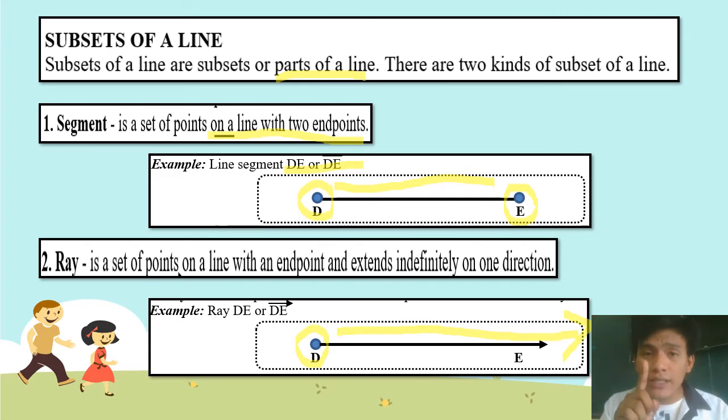So that is called a ray. So it is called ray DE, or you can use a symbol for ray DE like this one. An arrow going to the right with the capital letters DE. That is considered a ray.